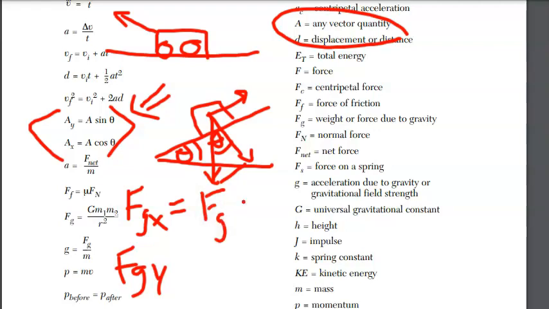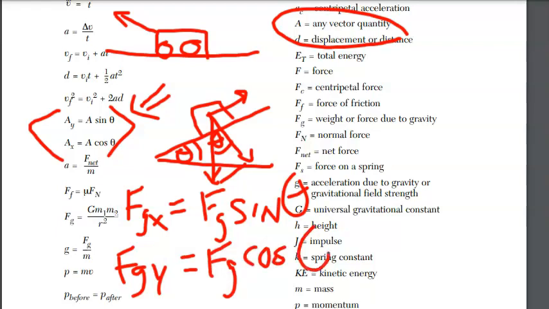So the X is going to be now sine theta, and the Y is the cosine theta. So the sine and cosine are flipped when it's on an incline versus when it's on a horizontal.